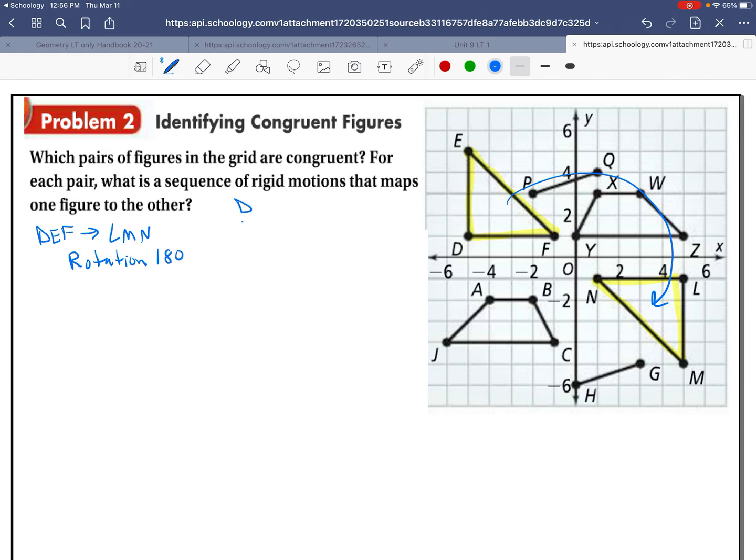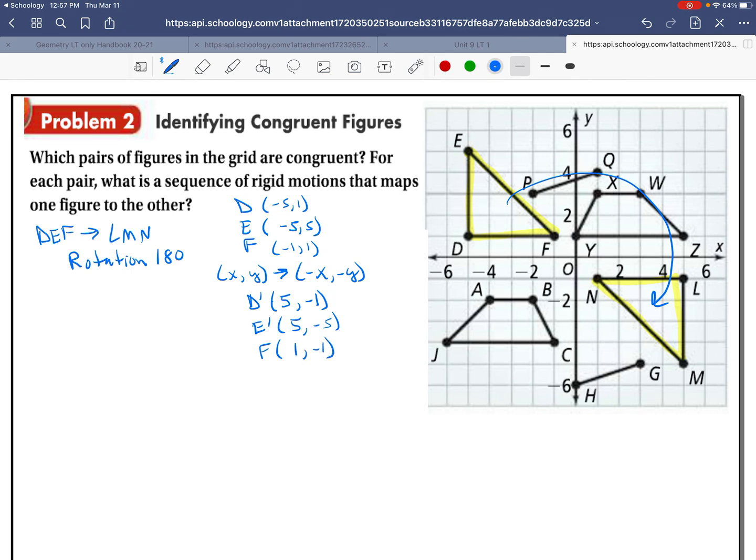So I'm going to get my points for D, E, and F. D is at negative 5, 1. E is at negative 5, 5. F is at negative 1, 1. If I have a rotation of 180, then my point (x, y) maps to (negative x, negative y), giving me a D prime of (5, negative 1), an E prime of (5, negative 5), and an F prime of (1, negative 1).